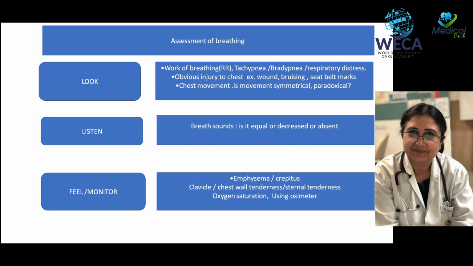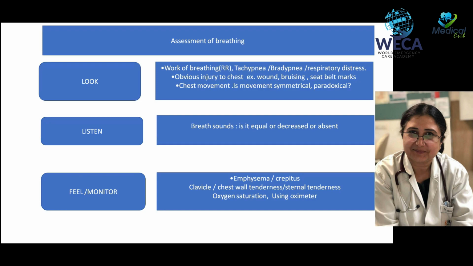Is there any obvious injury to the chest, like external wounds or bubbles coming out of a chest wound, bruising over the chest, any seat belt marks, which will give you a clue to injury to the internal organs. Is the chest movement symmetrical, or is it a paradoxical movement, which will give you a clue to a flail chest.